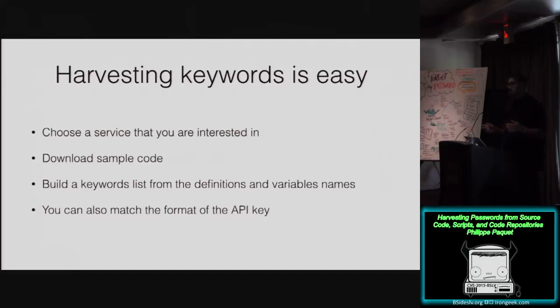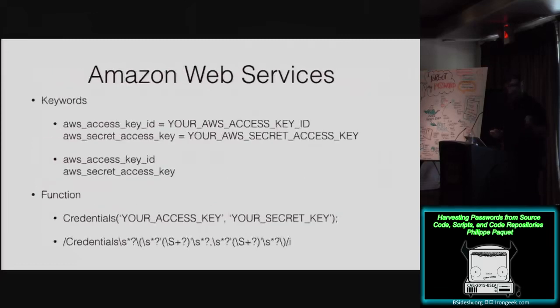They are not going to change the names. So it's a very good way to get a set of keywords. For example, for Amazon Web Services, that's a sample code, that's a keyword you're going to get, that's a function call from the sample code, and that's a regular expression to find that function call.